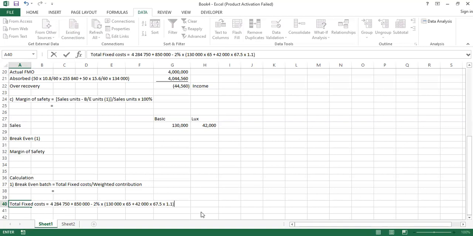So hence we would then multiply this by 1.1. So we are increasing this here by 10% so that it becomes the budgeted. So the actual is 67.5. We are told that the actual is 10% lower, which means we need to increase that to make it 10% higher. All right.